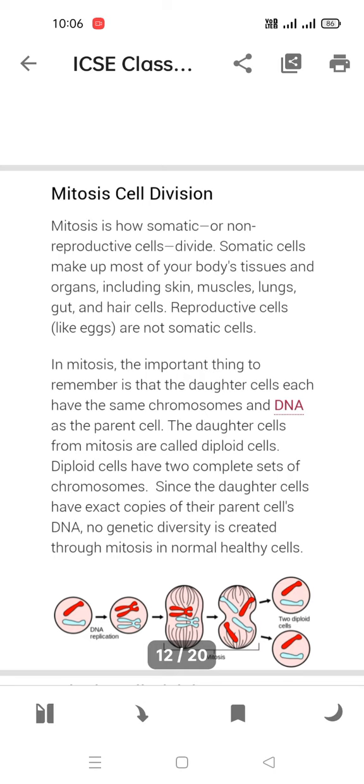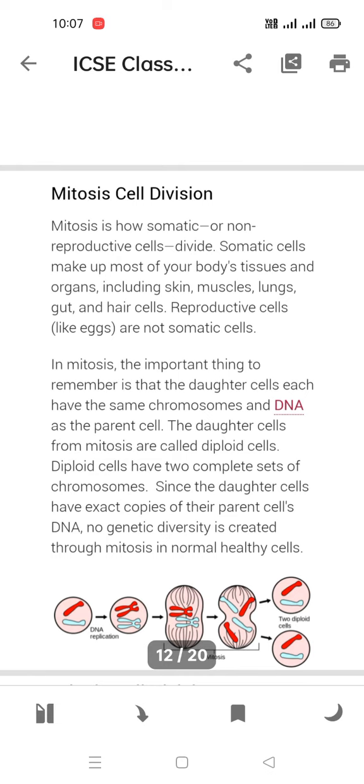Mitosis cells are the non-reproductive cells. They make up most of your body's tissue and organs, like skin, muscles, lungs, gut, hair cells. These will all be formed by mitosis.